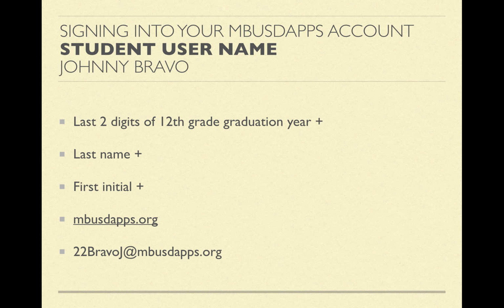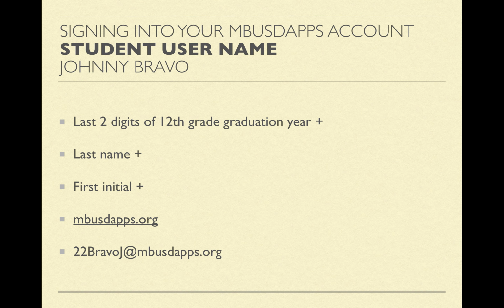So, let's say we have a pretend student named Johnny Bravo who is graduating in the year 2022 of June. Well, his MBUSD apps email account would be 22 Bravo J at mbusdapps.org. Remember, the domain mbusdapps.org is a Google account.